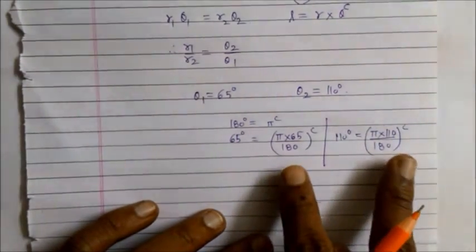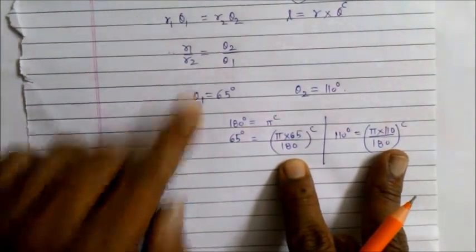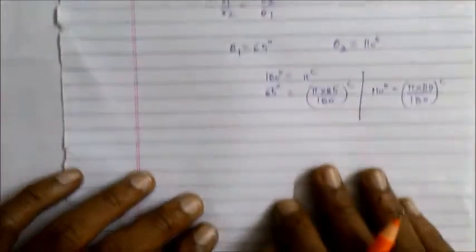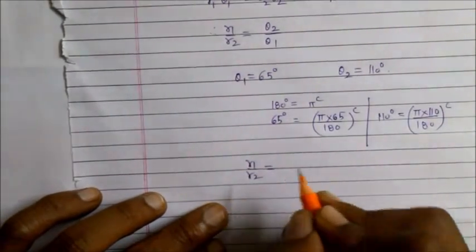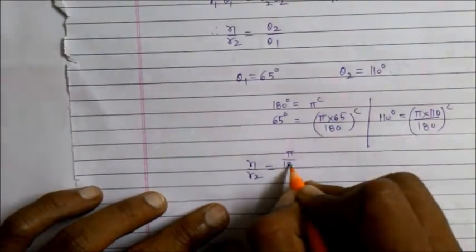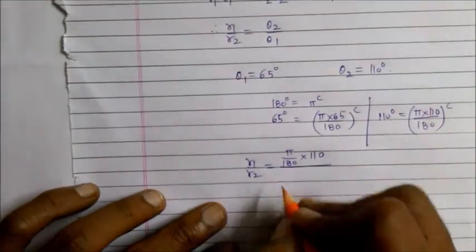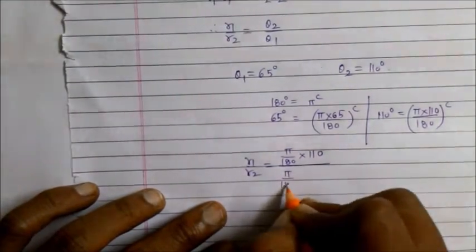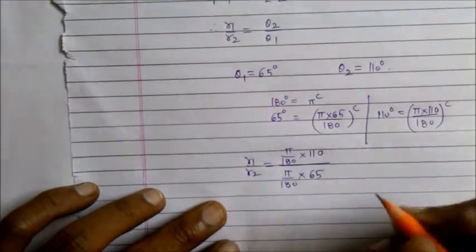Now let us substitute these two angles in this relation R1 upon R2. So I can write R1 upon R2 as theta 2 upon theta 1. So theta 2 is pi by 180 into 110 divided by pi by 180 into 65.